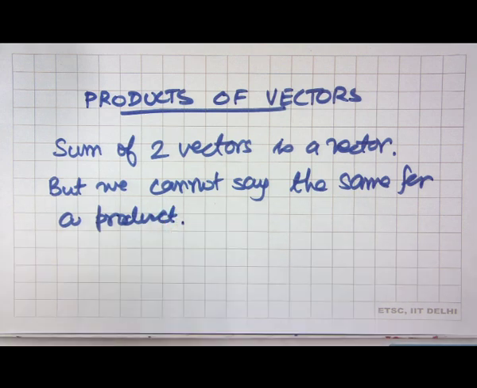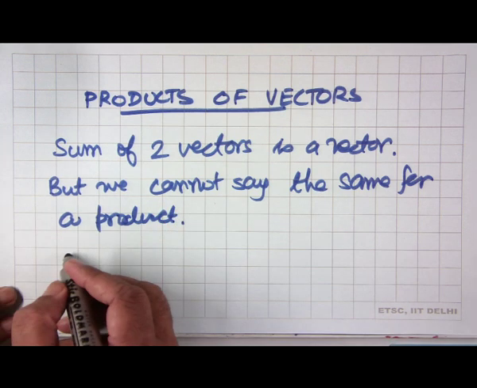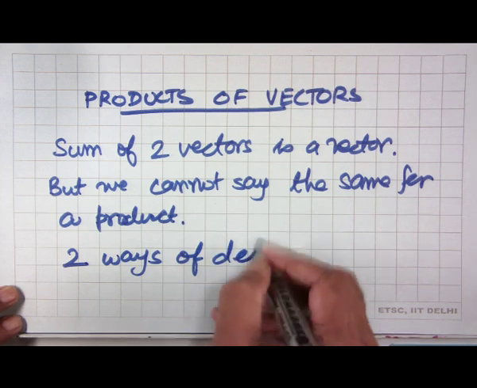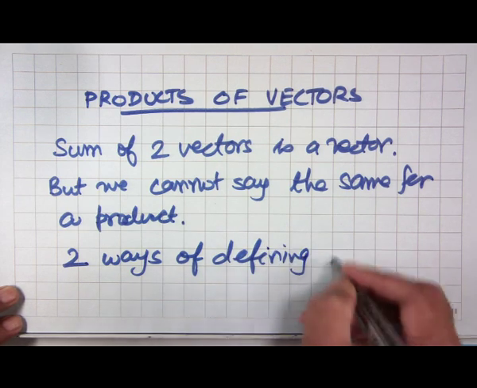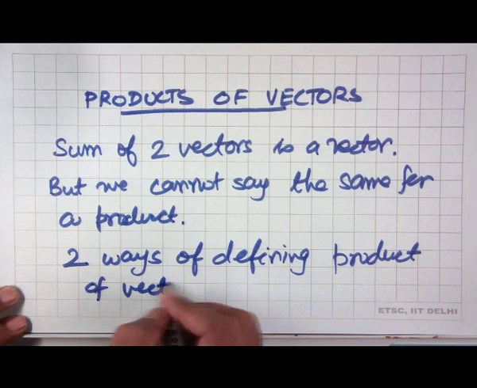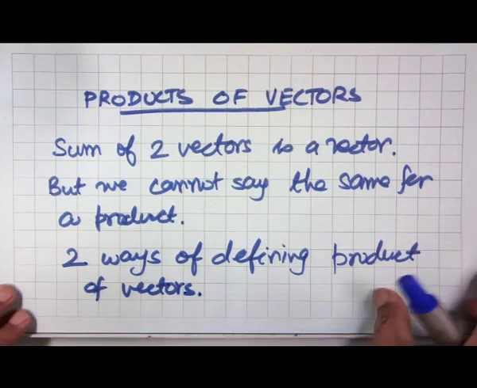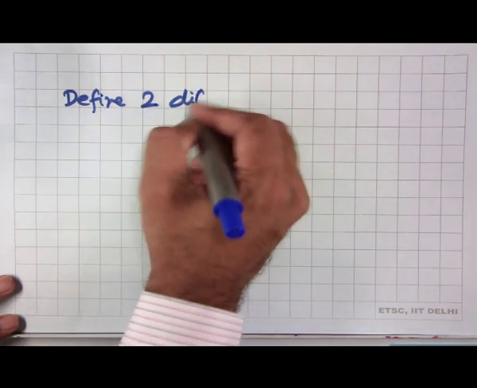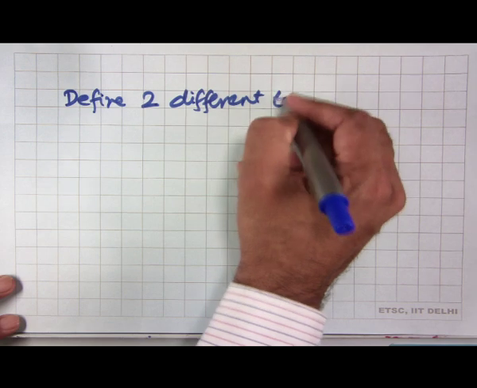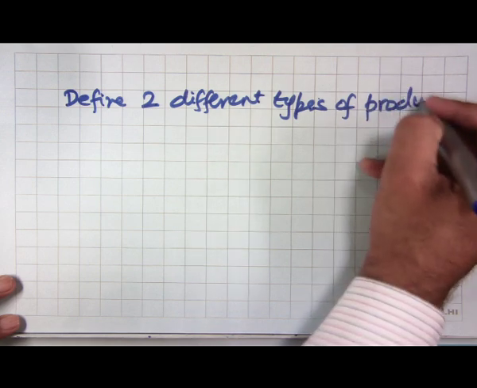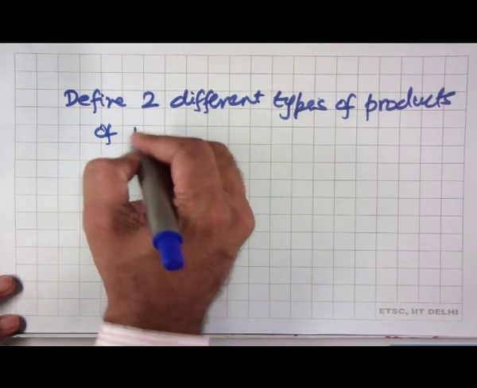And actually, you will see that at this level we can say that there are two ways of defining the product of vectors. That means, we define two different types of products of vectors.